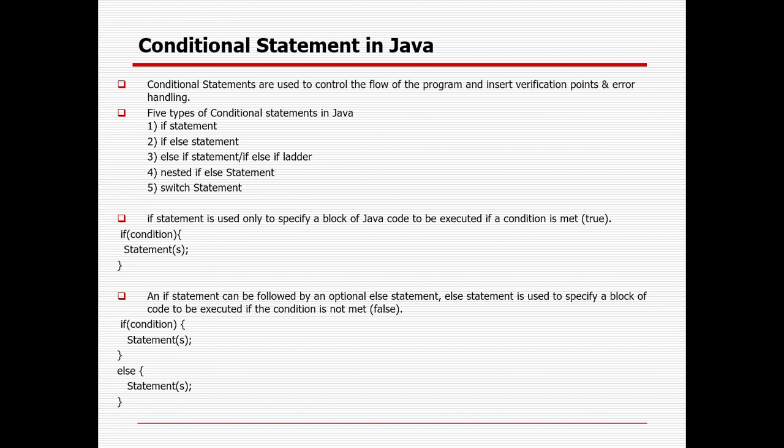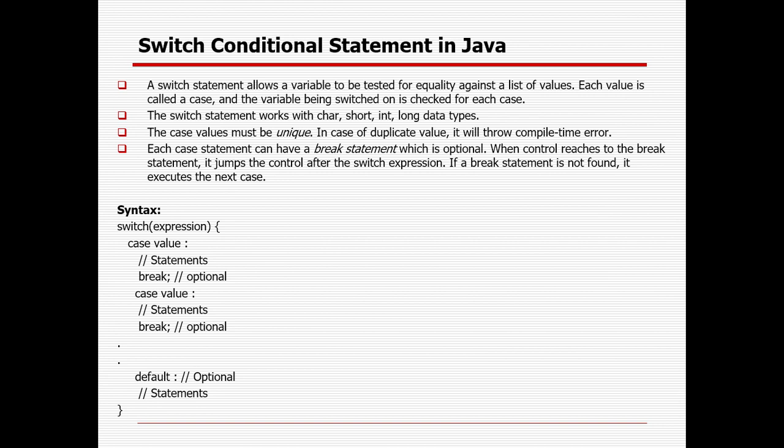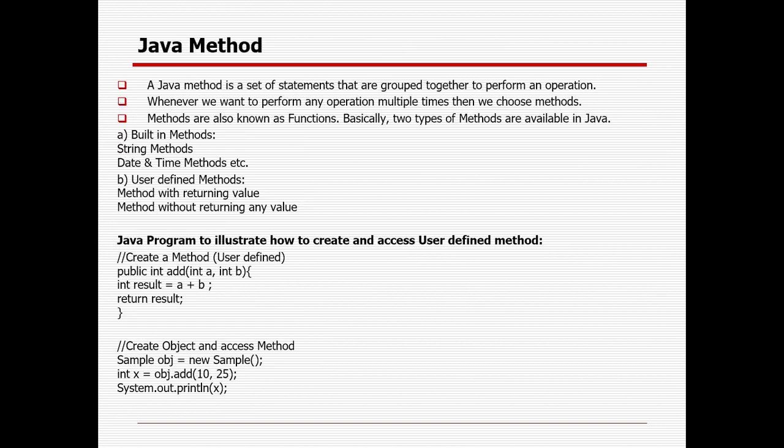If you want to check a condition within a condition, you can go for nested if, and for multiple conditions you can go for the else-if ladder. The switch statement works in a similar way, where each expression is called a case and must be unique. You should end each case with a break, otherwise if your condition matches and you do not use the break, it will go through all the following cases.